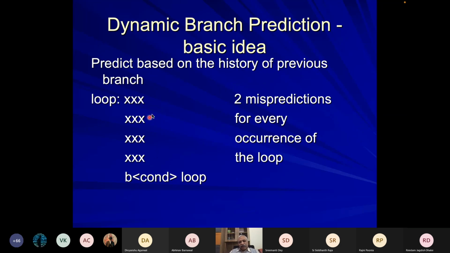But here imagine that instead of this dynamic approach, you had a simple static branch prediction, which simply said that branch will be taken. Okay, then out of 10 times, you'll be correct 9 times and wrong only 1 time. So can we make the dynamic prediction at least as good as this simple static prediction? The answer is yes.